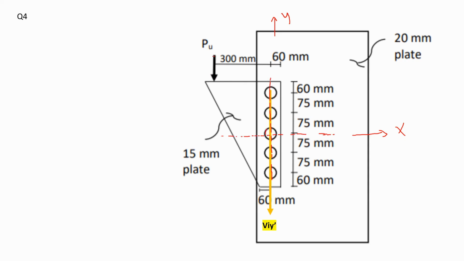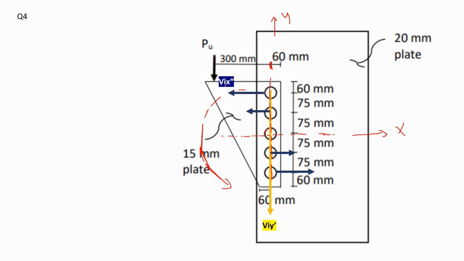So if we consider the applied force PU, we realize that there is a distance of 300 millimeters to the center of the group of bolts. Therefore, there will be a torsional force. This torsional force would cause a rotation in this direction, counterclockwise rotation. Now, that rotation would cause a shear force in the X direction, as shown in the blue arrows.